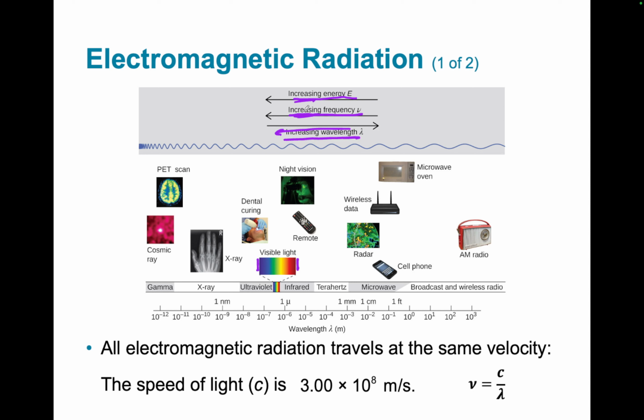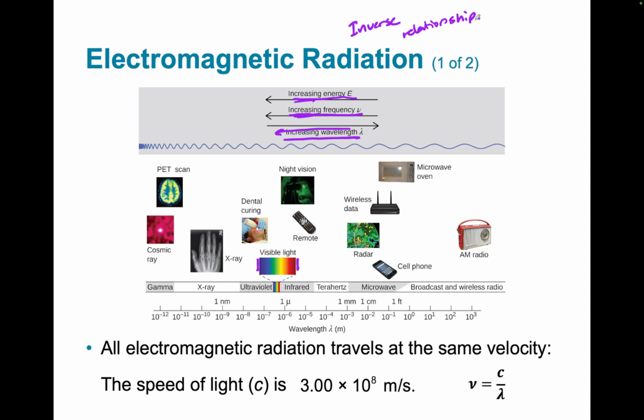So they have what we call an inverse relationship. There is an inverse relationship between energy and wavelength, and there's also an inverse relationship between frequency and wavelength. Whereas for frequency and energy, they have a direct relationship, because when one goes up, the other goes up.